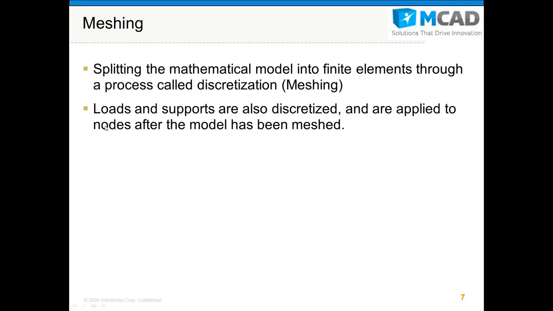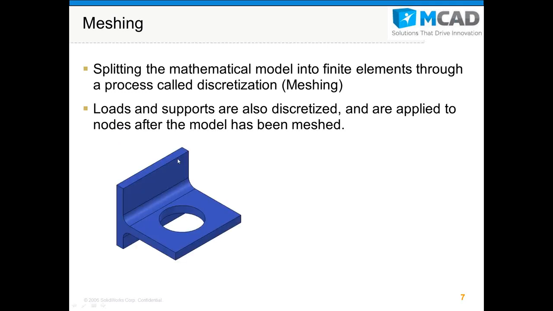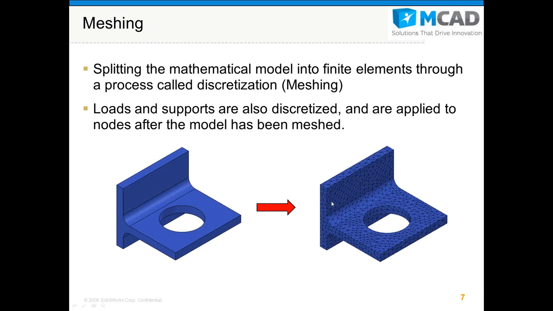They're actually applied to each individual node after the model has been meshed. I've seen this happen a couple times where you might have made a change to that model, and when you go to run, the loads have to be applied to the mesh itself, so you might have to remesh before going on to the next process. So again, here a little quick example. We've got our ideal mathematical model, and from there we can break that down into finer finite elements with a mesh, and you can see that example there.